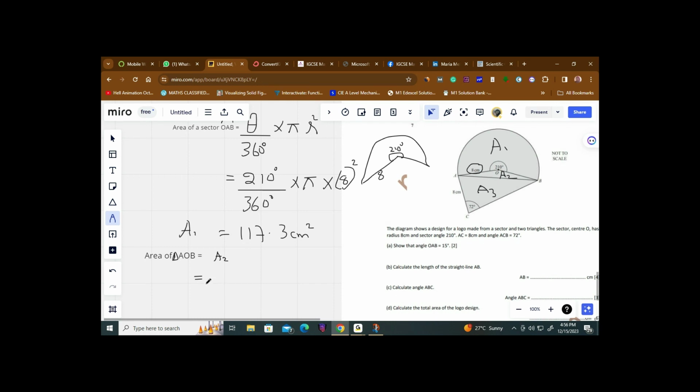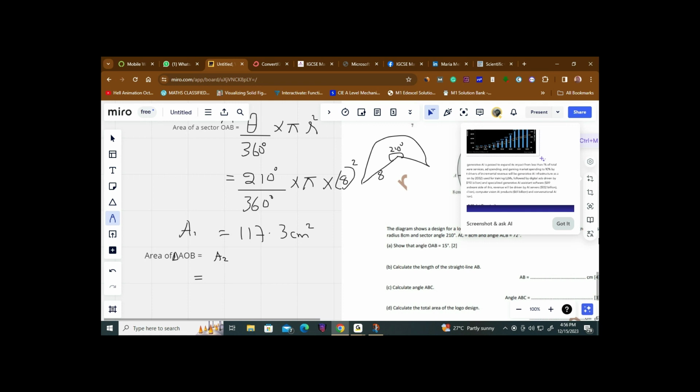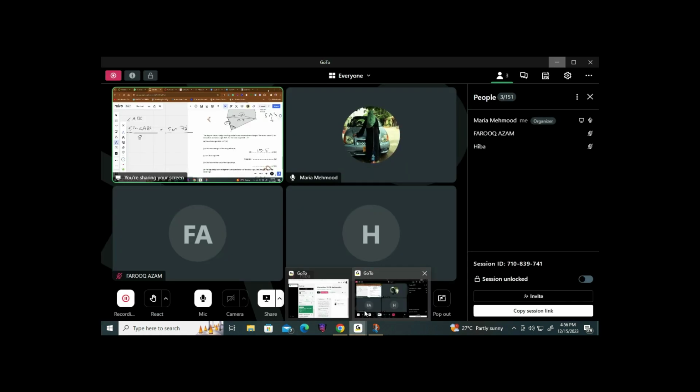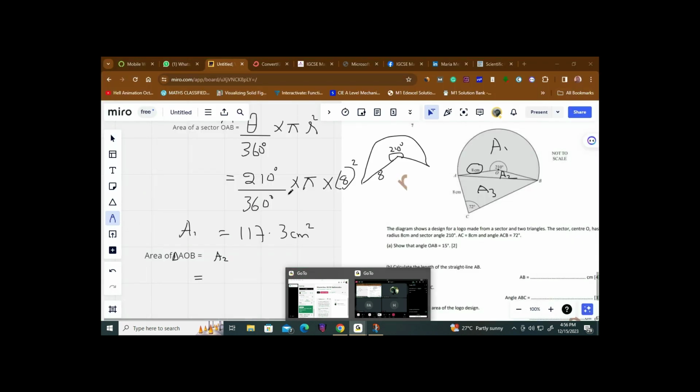At least you should know the formula of area of a triangle. So what is that? Can anybody tell me in the mic? Yes, Farooq. Yes, Siva. Can you tell me? The formula of a triangle is quite a basic formula.